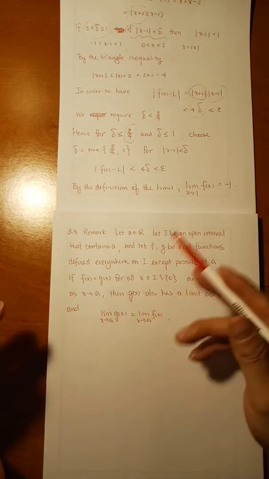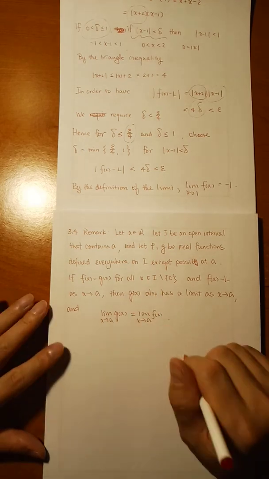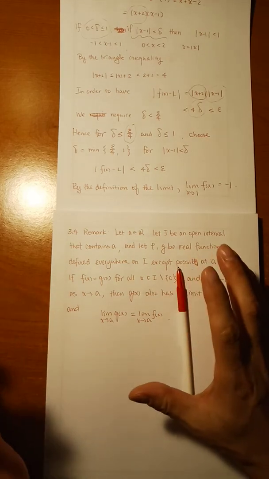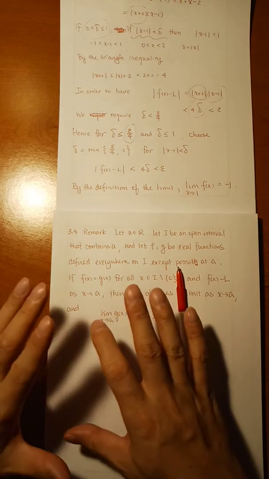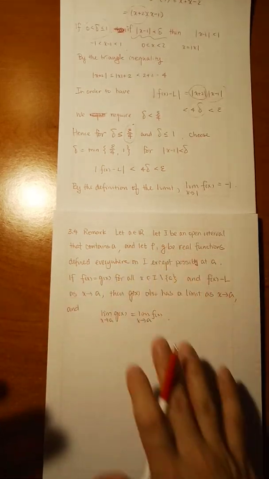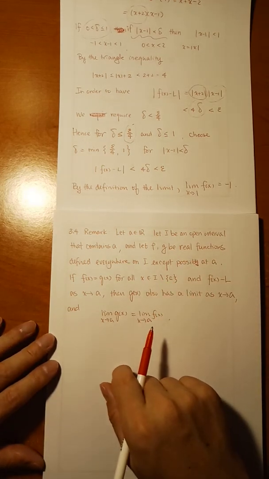Just randomly change the value at this point a, but you do not change the limit at a. In other words, the limit is the characterization of the behavior of the function around the point, but not at the point. Around the point, we're going to talk about the environment, not this specific point.